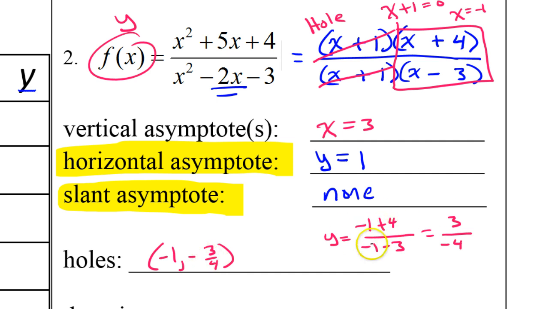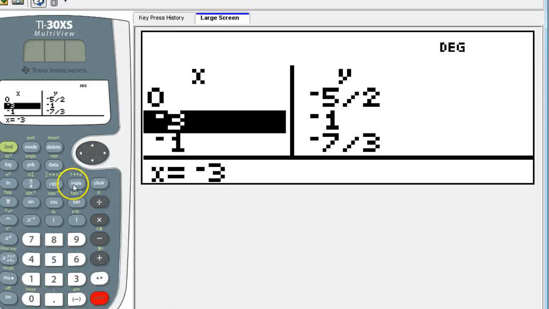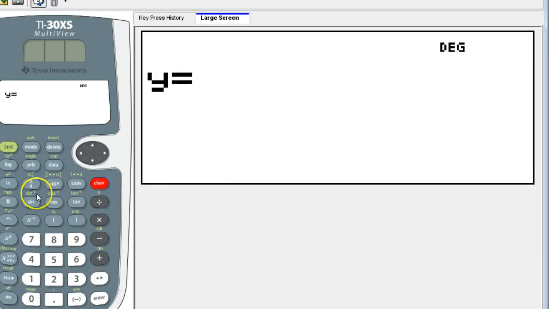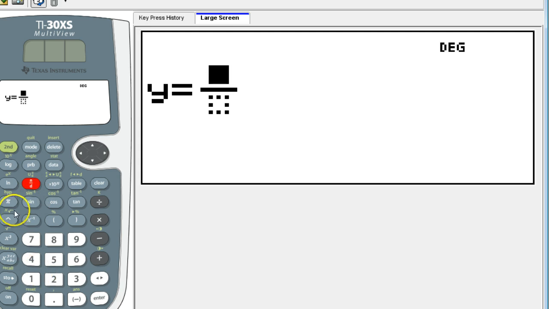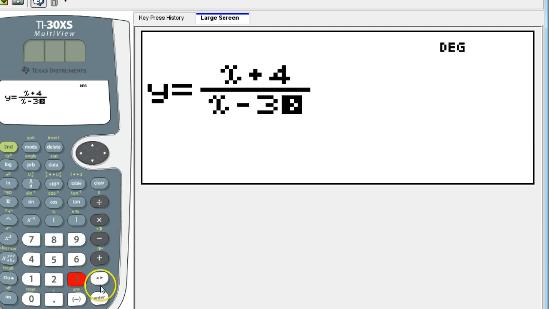Alright, if you're not comfortable with this arithmetic, then you could use your TI-30XS MultiView. Remember, x plus 4 over x minus 3. Fraction mode. So what was it? X plus 4 over x minus 3.